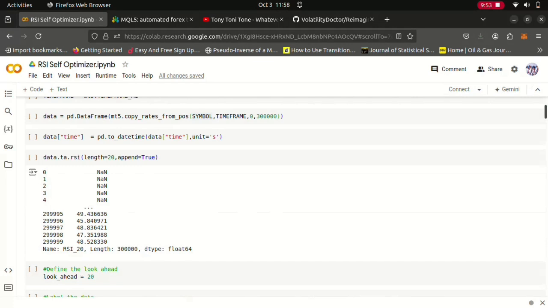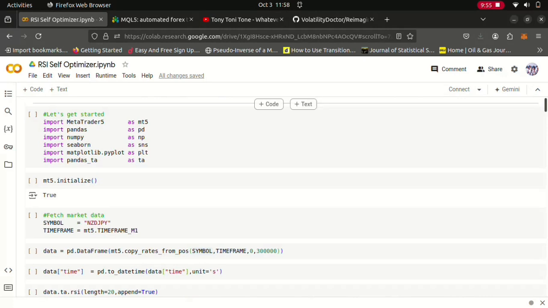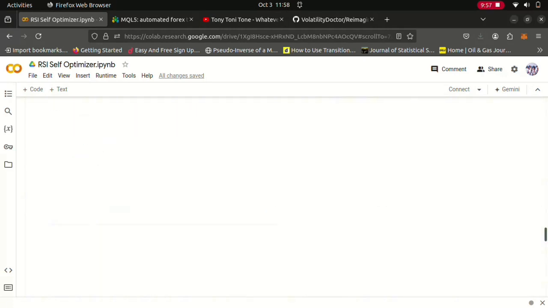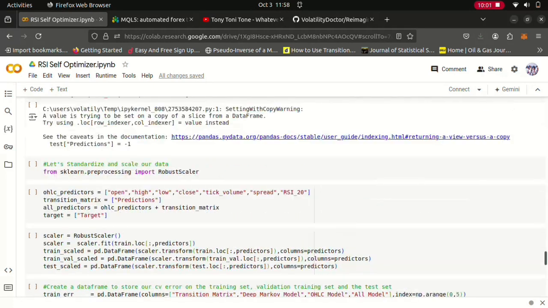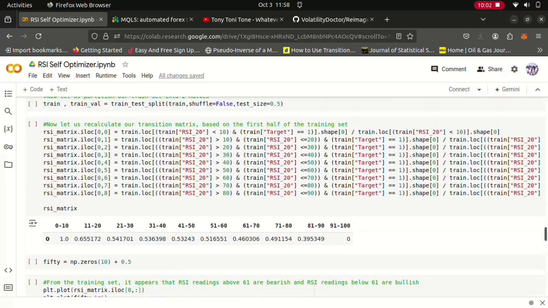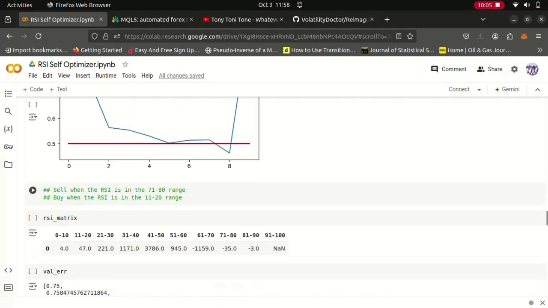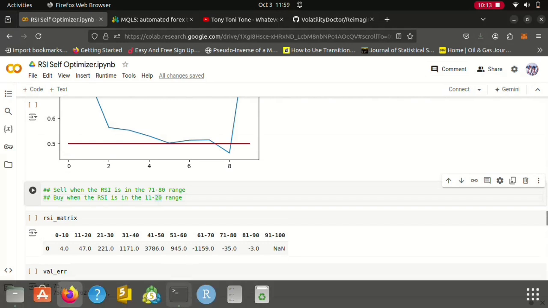Our Markov states were being determined by the RSI. That was quite interesting. So it appeared that our most stable results came from selling when the RSI is in the 71 to 80 range, and buying when the RSI is in the 11 to 20 range.